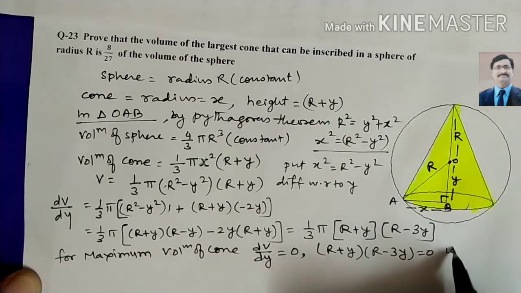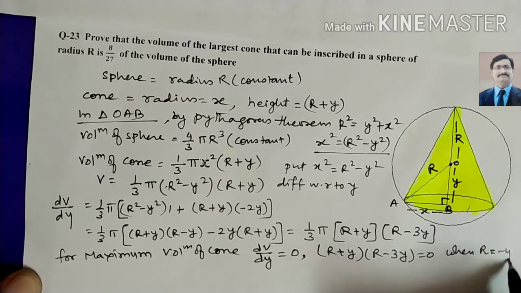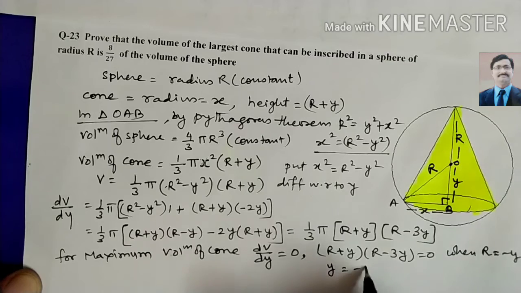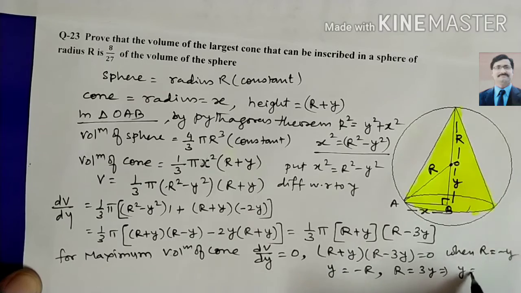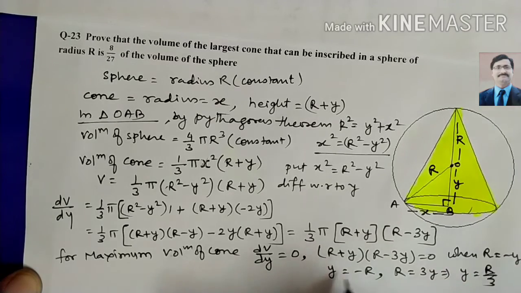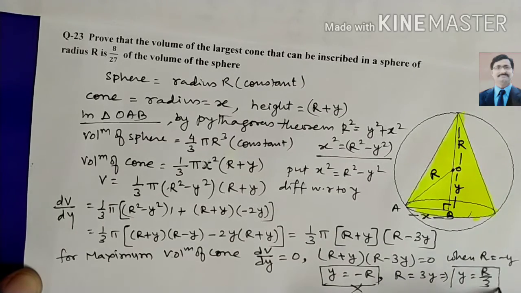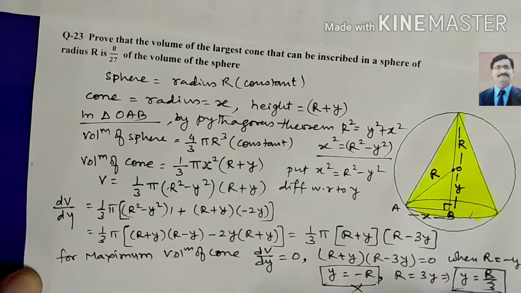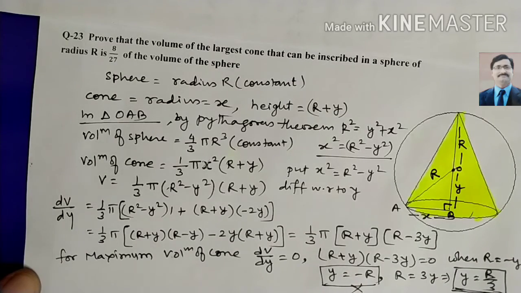This will be 0 when R equals minus y, or y equal to minus R, and second, R equal to 3y, meaning y equal to R/3. Look here, y equal to minus R is not possible because we have to take the positive value, so we get y equal to capital R/3. This is the valid answer.